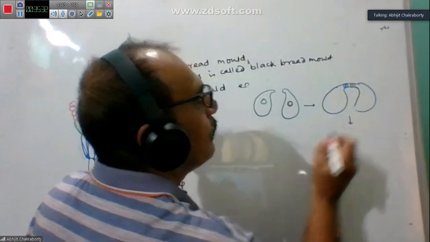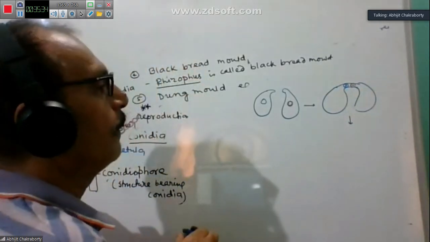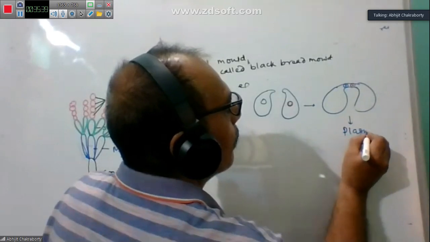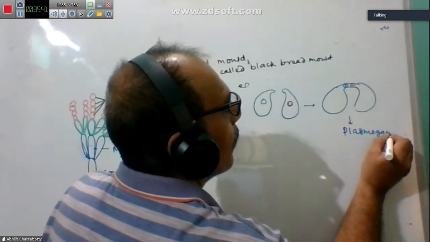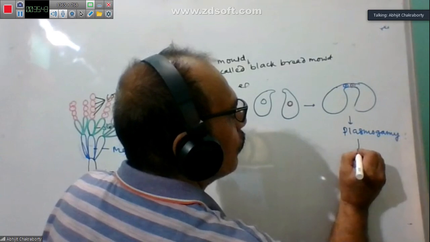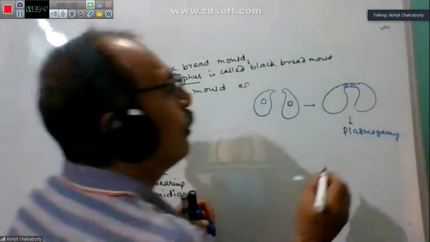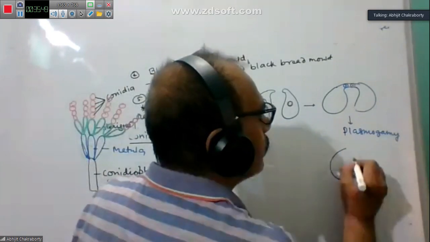Now then, similarly, plasmogamy followed by... Once plasmogamy occurs, it appears like this.